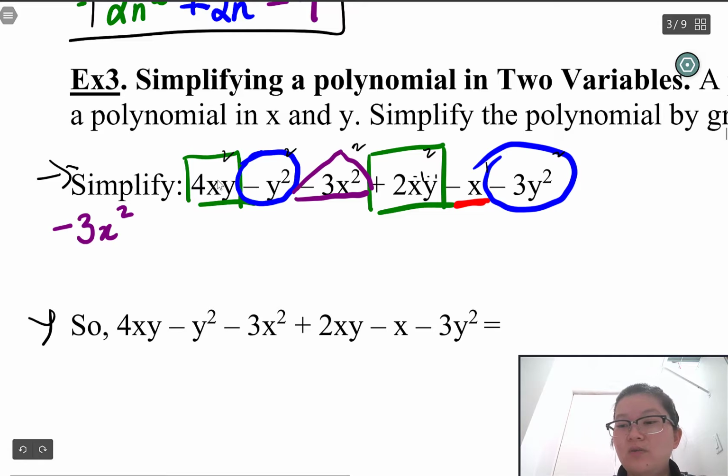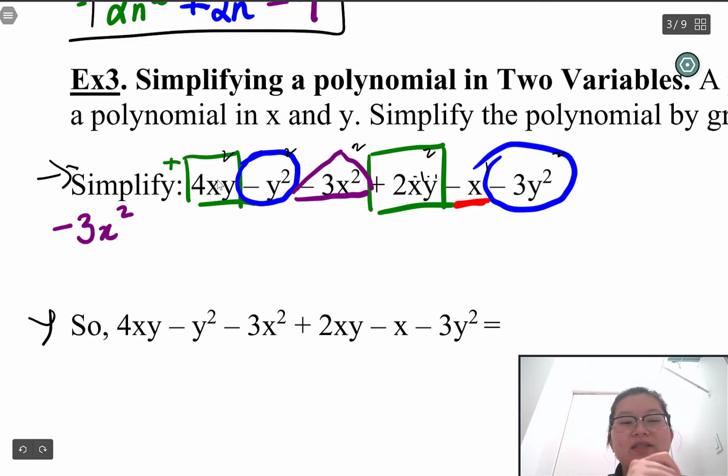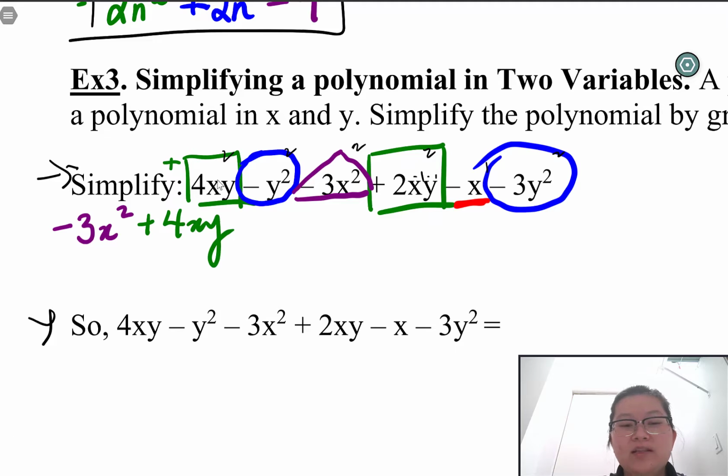Anytime I have a number that starts off my sentence but has no plus or minus in front, it always has an imaginary plus sign. So here I'm going to add 4xy. The green one here is plus 2xy.